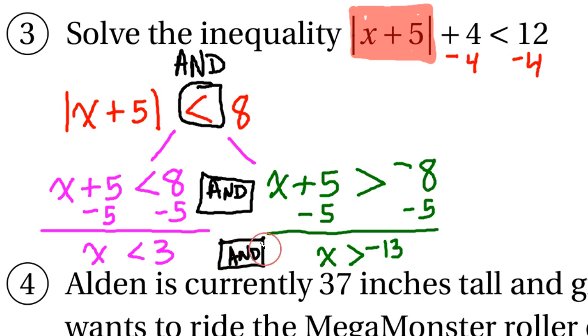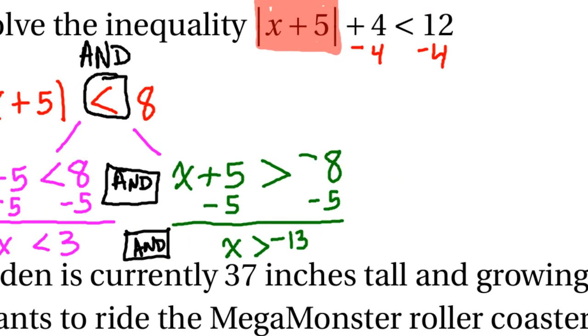Now, in terms of algebra, this is one way to show the answer. The other way that we could possibly show this answer as an and is to say, okay, if I take this right here and say, okay, -13 and 3 with an x between them. Notice that in the green solution here, the arrow is pointing towards the -13 and away from the x.